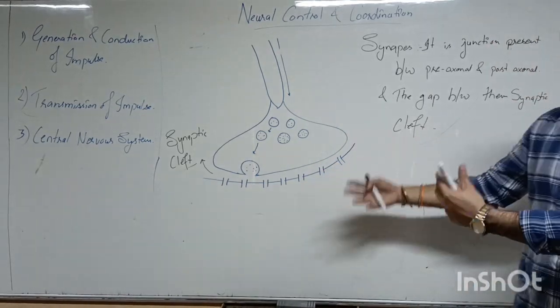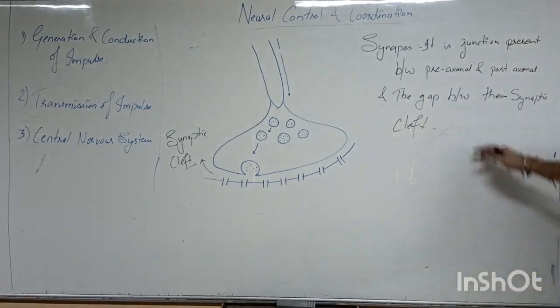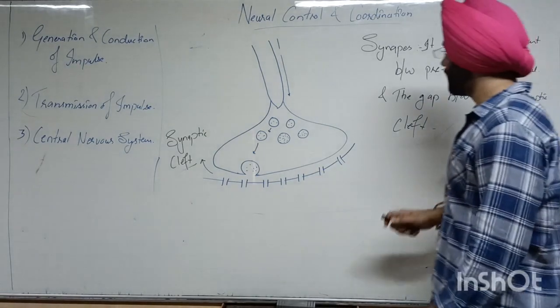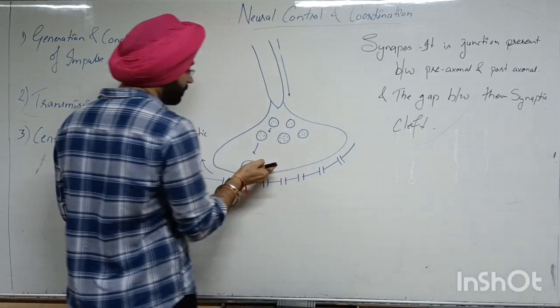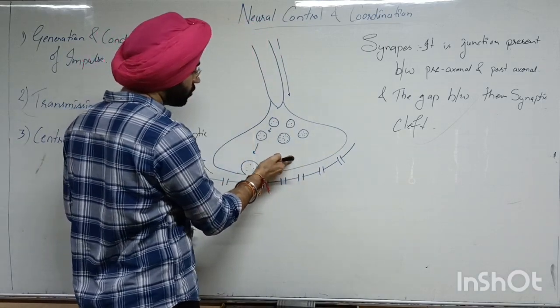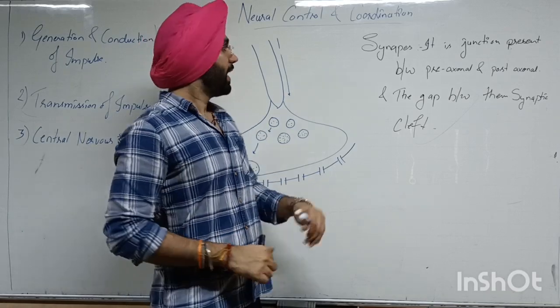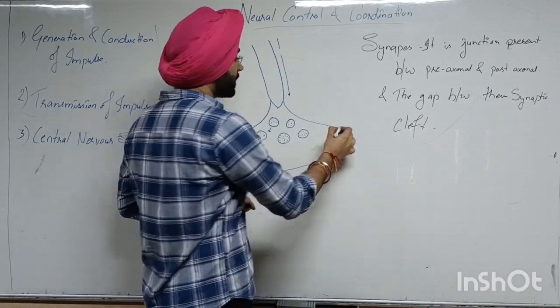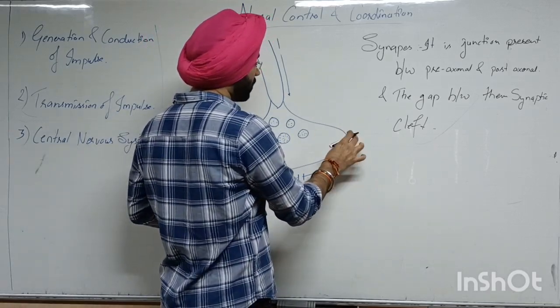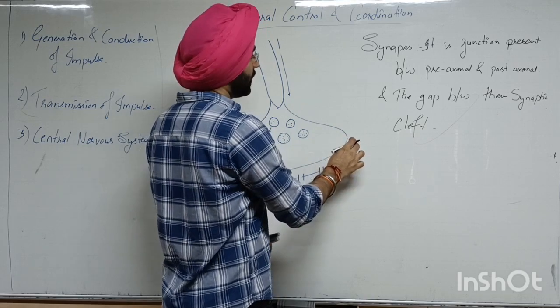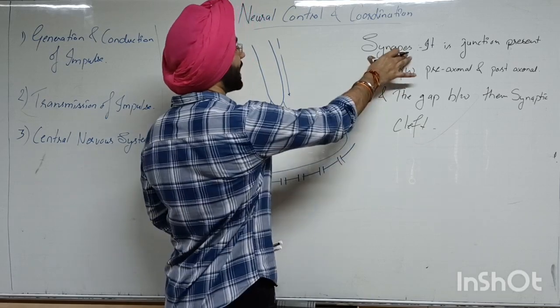This gap between the pre-axonal and post-axonal parts is known as the synaptic cleft. These three, pre-axonal, post-axonal and the synaptic cleft, are together known as the synapse.